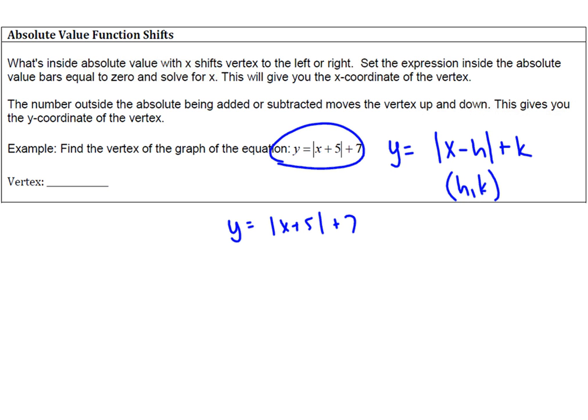So for this one, x minus a negative 5 plus 7. So this becomes h, this becomes k. That is the location of my vertex. So it's going to be negative 5, 7.